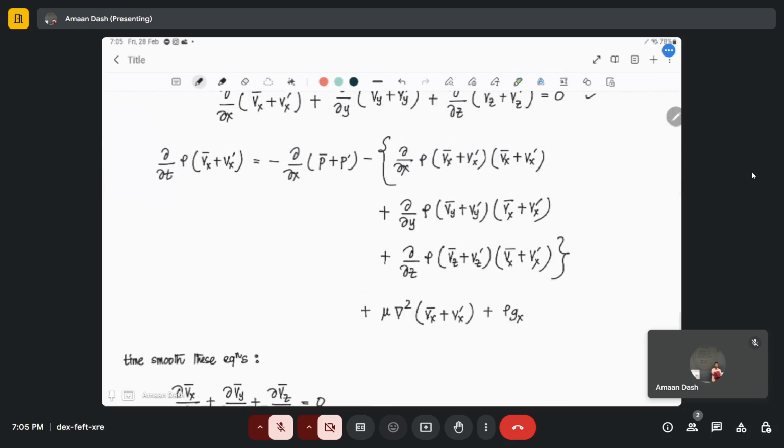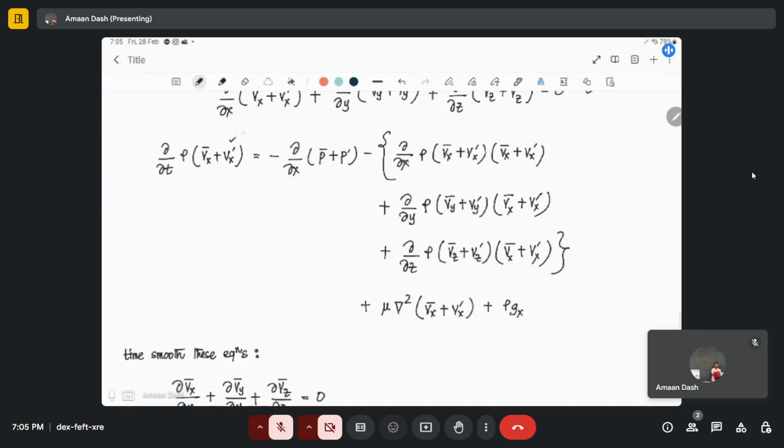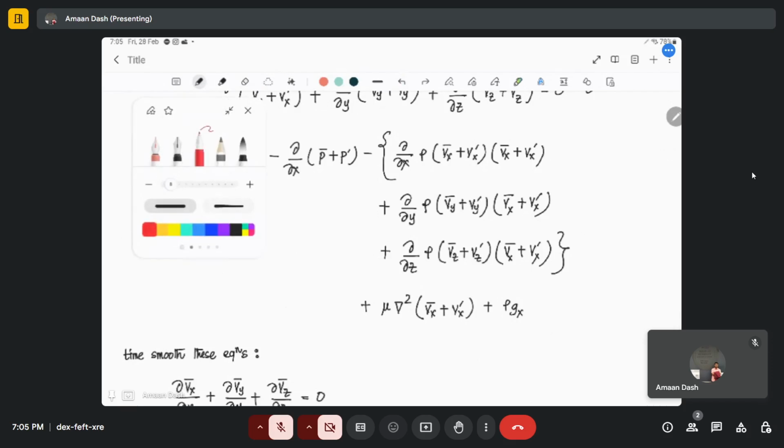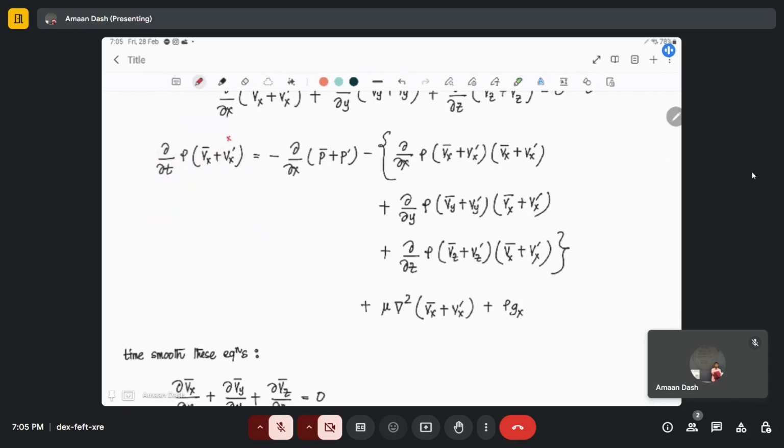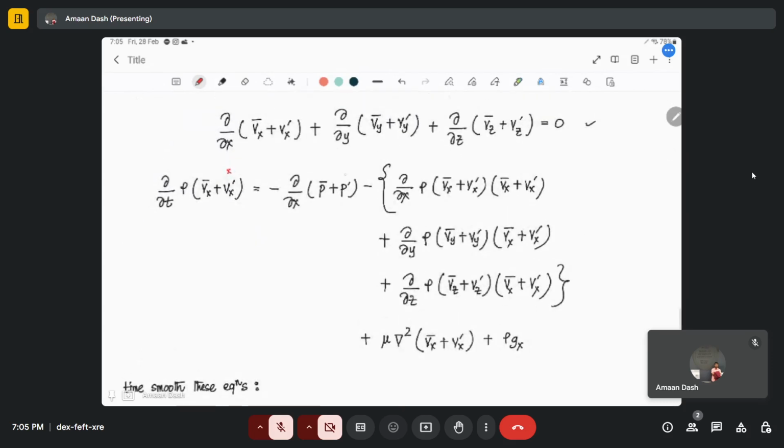Similarly, if we time smooth the second equation, you see this term will go away to be 0. This term will remain. So this term will go away, correct? And similarly, the fluctuating component p prime will go away.